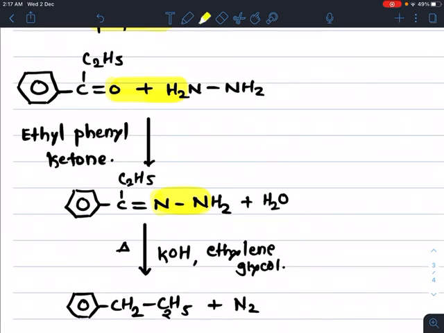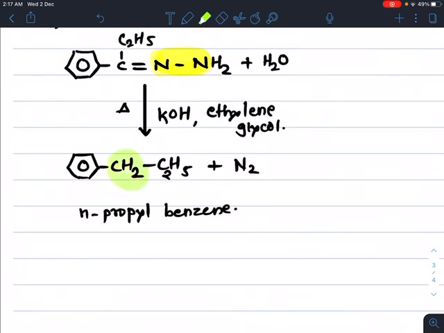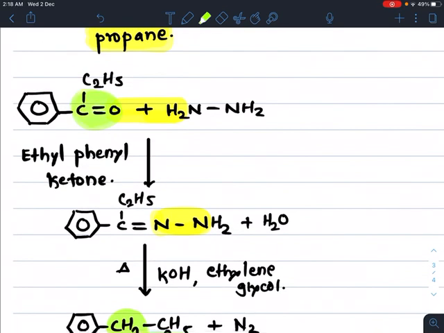So if you observe in ethyl phenyl ketone, this CO group is converted into CH2 group. So this reaction is also called as a reduction reaction. CO group is finally converted into CH2 group, but this takes place in two steps. In first step, the reaction takes place with hydrazine.